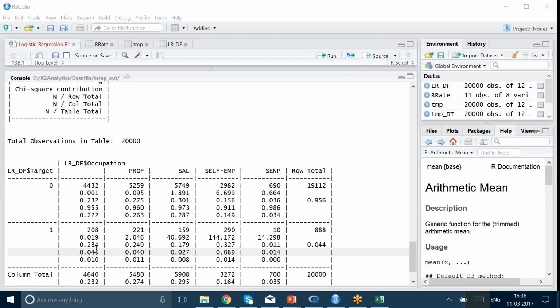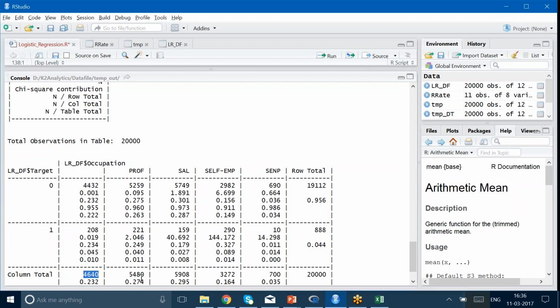But just seeing frequency will not be the right process. Assume this frequency 4640 is this number, and the number for self-employed would have been 4645. Are you saying that based on frequency I should go ahead and merge them? Because if you did it based on frequency, this is 4.5 percentage and this is 8.9 percentage, and both the frequencies are closer to each other.